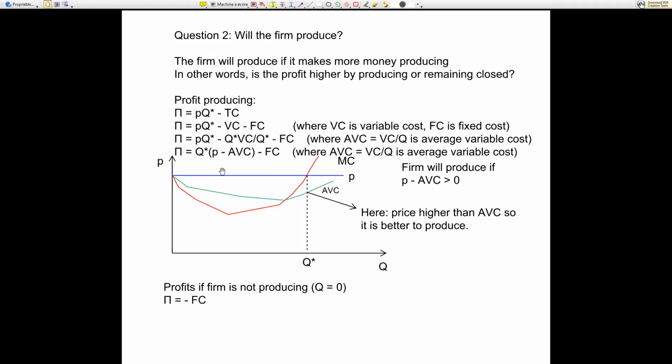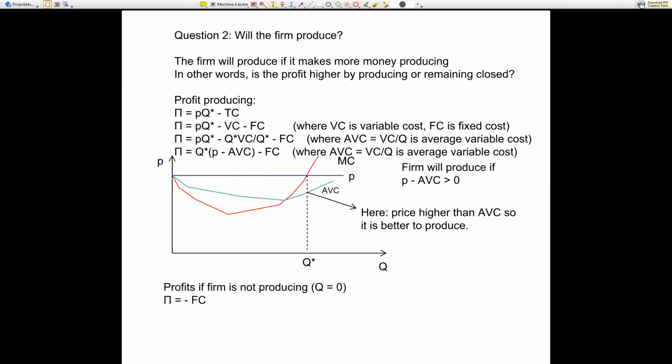And if I decide not to open, what will I get as a profit? Then I don't produce anything, so Q star is 0, but I still have to pay all the fixed costs that my firm has to go through.